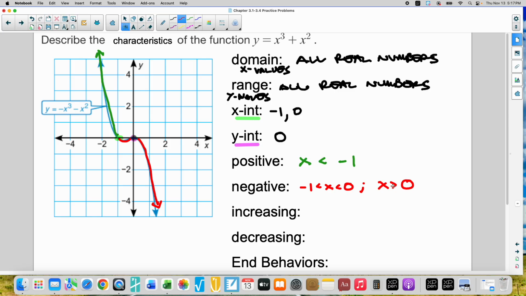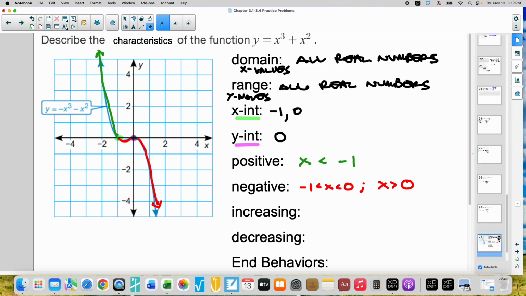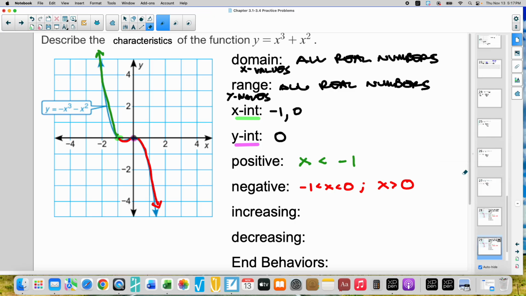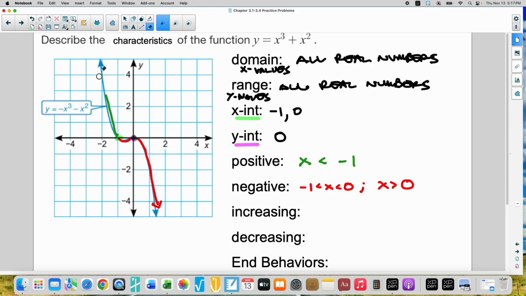And now increasing. Where is this ever increasing? It's increasing kind of. This is another tricky one. Well, let's clone this page and erase this just so we can see.